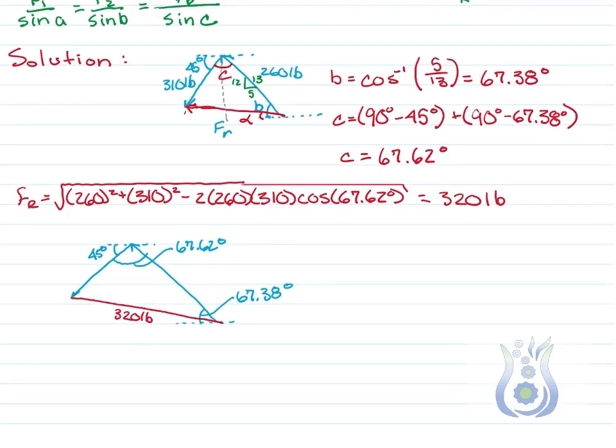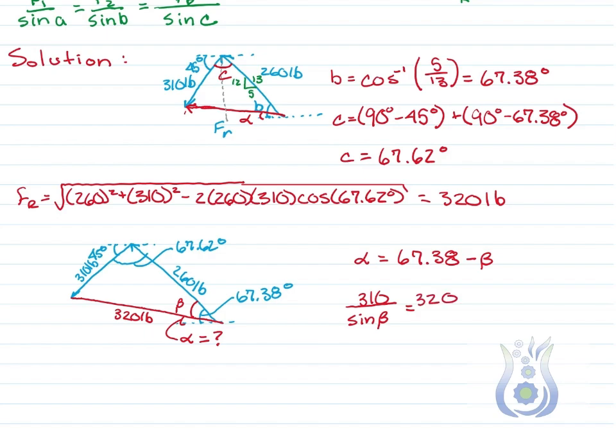So it's not the internal angle, it's measured from the horizontal. Therefore, you need to calculate beta, which is the internal angle. Once you calculate beta, you subtract that from 67.38 degrees, and that gives you alpha. Then, once you have alpha, subtract it from 180, and that's your theta.